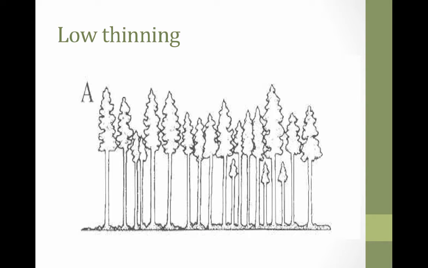Again, here's an example of a low thinning. Throughout this lecture, we're going to walk through these different thinnings. Right now, I want you to think, if you're doing a low thinning in this stand, what trees might you take out?